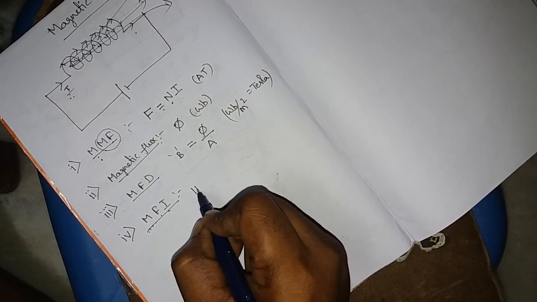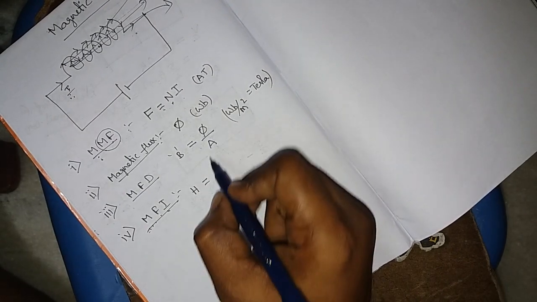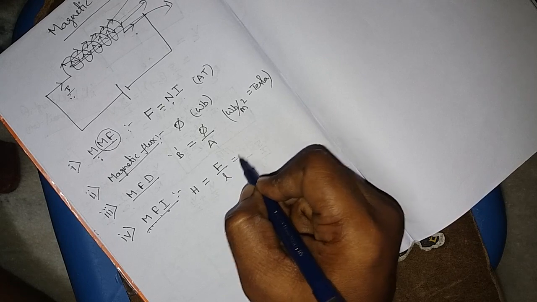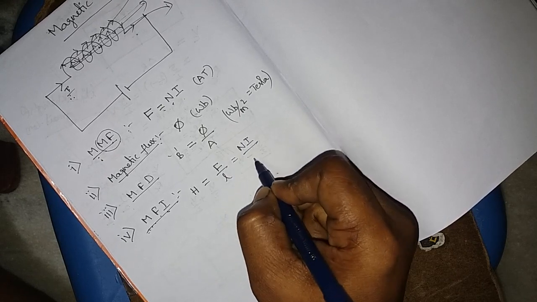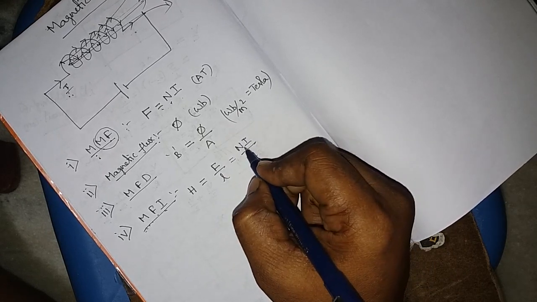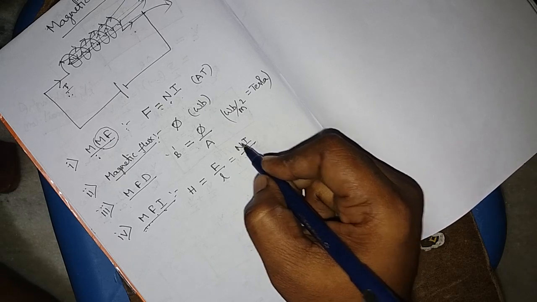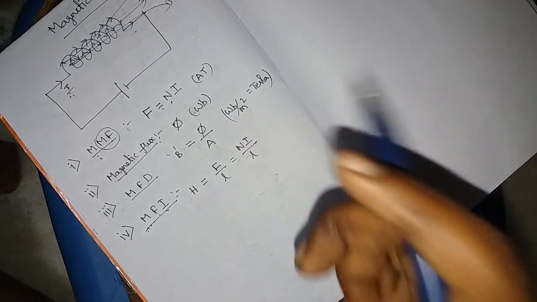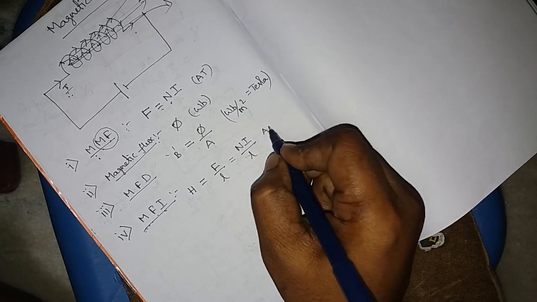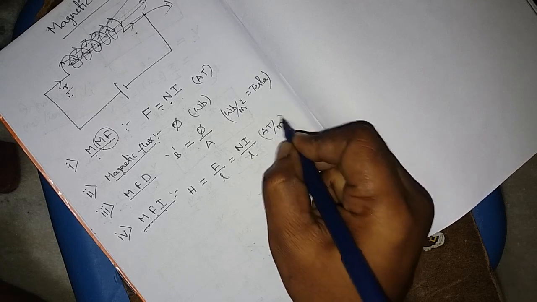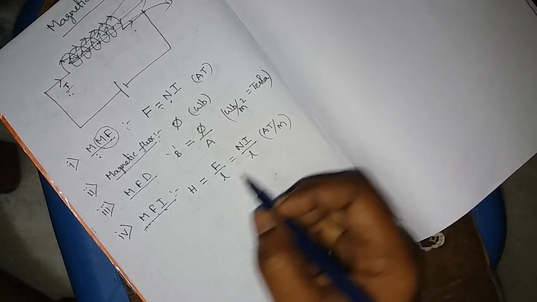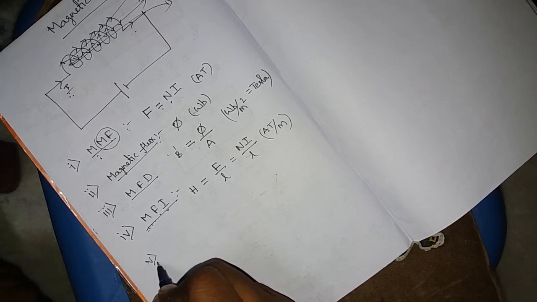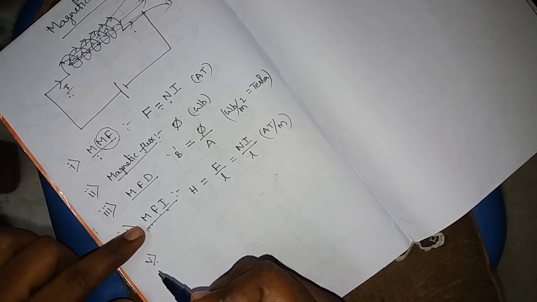It is denoted by H, equal to force per unit length, F by L. This is NI by L, where N is the number of turns, I is the current flowing through the coil, and L is the length of the coil. So the units are ampere turns per meter.